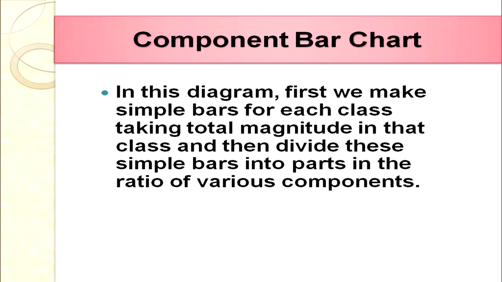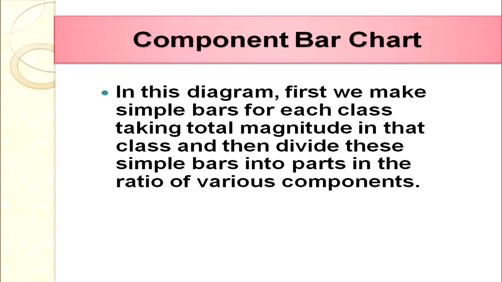Very first I will make the bar length of the total value being given to us. That is why I told you in component bar chart we need to have a total. So, I will first draw a simple bar to the total of the given data. Then I will start dividing each bar for each class. That means we first make a simple bar for each class, taking total magnitude in that class.